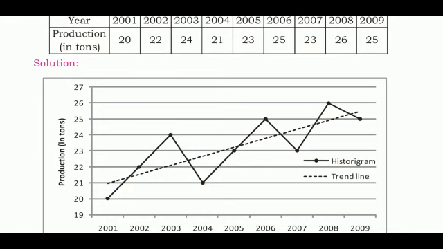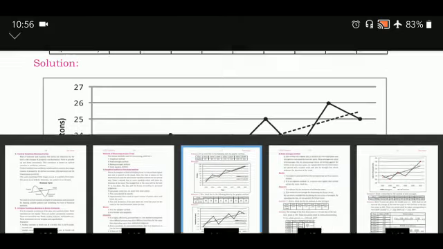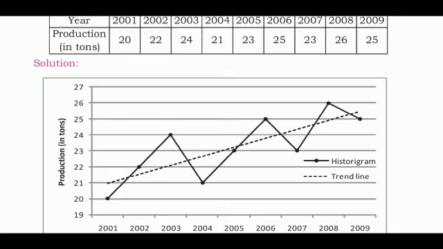All these dot points are marked, and then you draw this dotted line, which is called the trend line, which covers the maximum number of points. That is totally based on the expert; he knows best how to cover those maximum points. The one in black is called a histogram, and the dotted line is known as the trend line. So the first method is the graphical method.